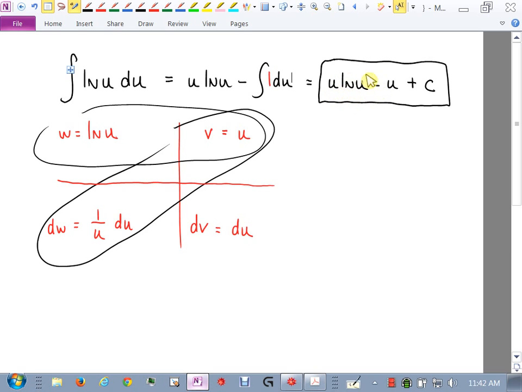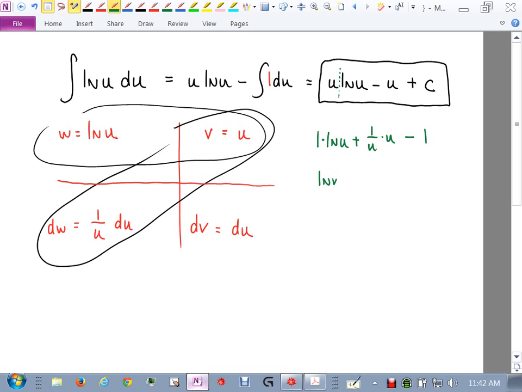Take the derivative here. You'd have to do product rule on this first one. I always like to do it because it's kind of cool. I'm taking the derivative to verify the answer is natural log u. The derivative of this product is the derivative of the first one times the second one, plus the derivative of the second one times the first one. And then you have minus, what's the derivative of u? 1.